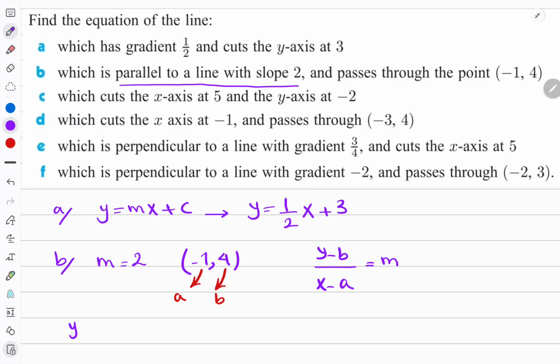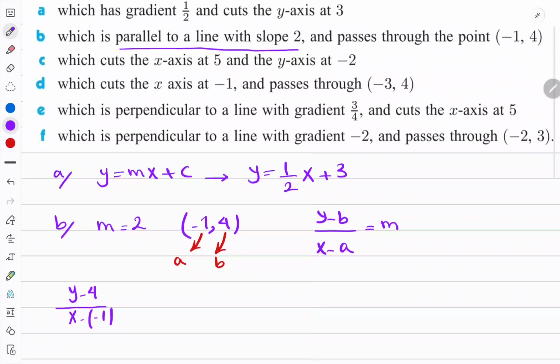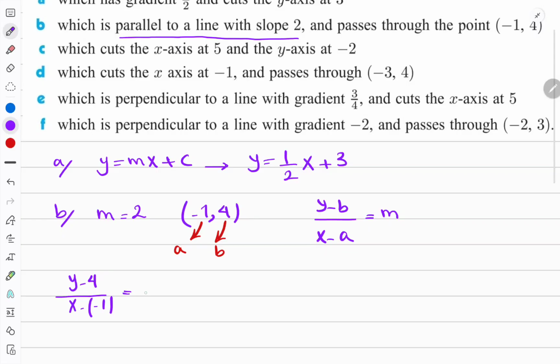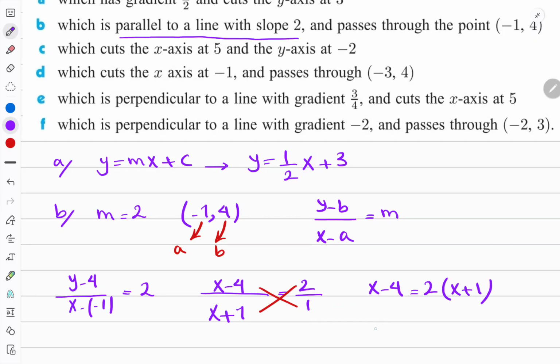So y minus 4 over x minus -1 equals the gradient, which is 2, so y minus 4 over x plus 1 is 2 over 1, and we just need to use cross multiplication.